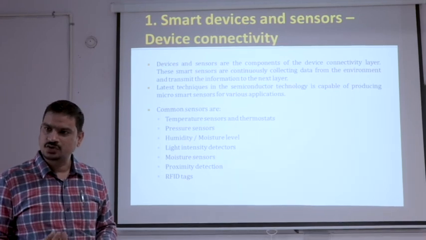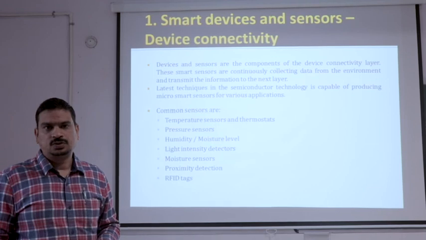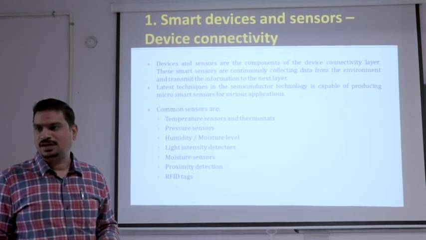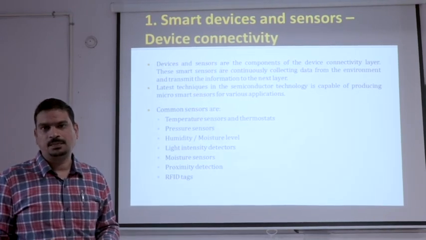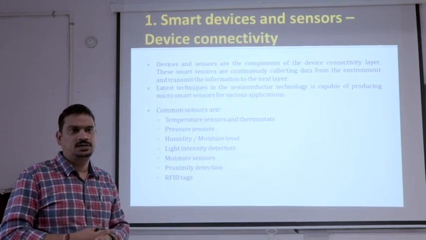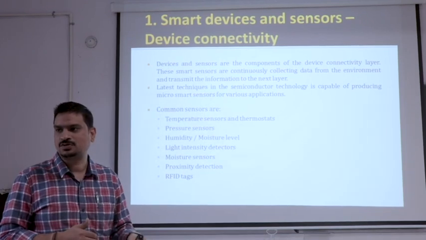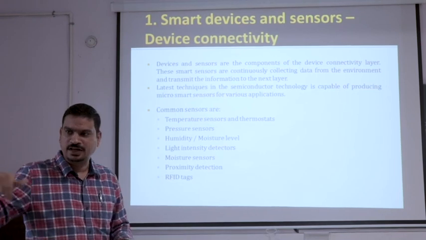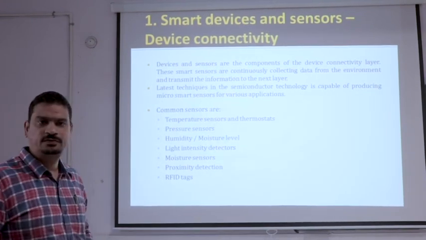The size of those sensor nodes has reduced. So I can wear a sensor, I can have a sensor anywhere in my body right now, and it is rarely visible. They are making enhancements in the technology so that in a small sensor node we can have different types of sensors together. That is the advancement of technology.